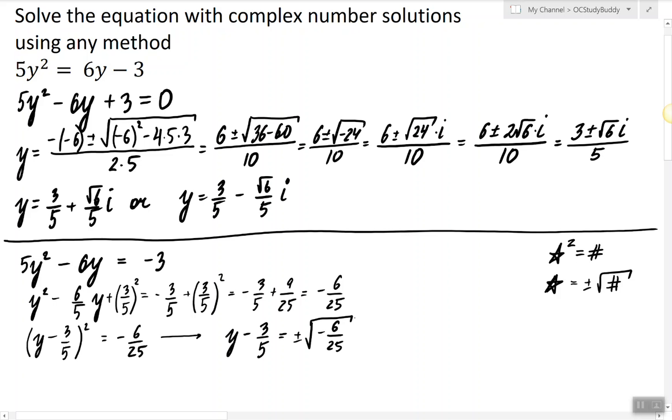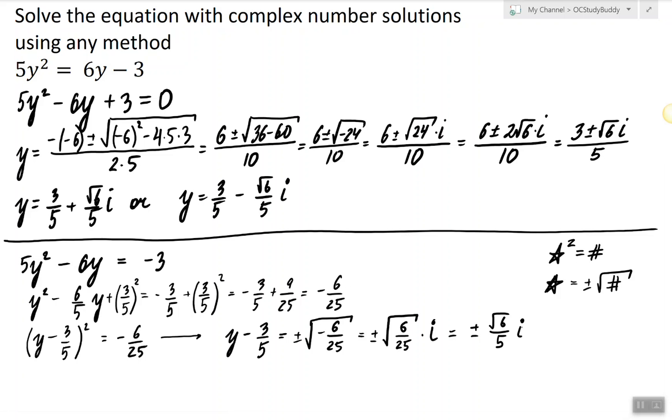And again, if we didn't know complex numbers, at this point we would have to say that there are no real solutions. But since we do know complex numbers, we interpret this square root of a negative number as square root of 6 over 25 times i. And that can be further simplified as square root of 6 over 5 i.